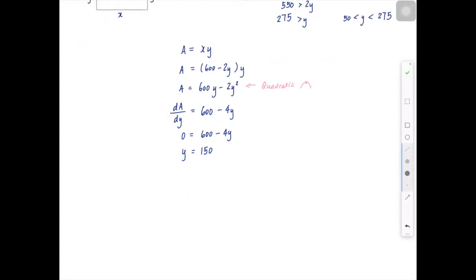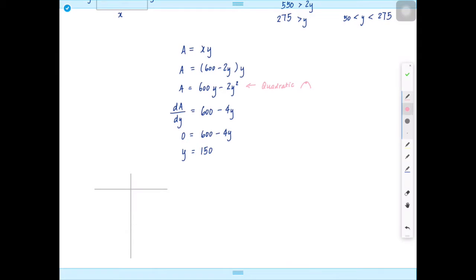Since we do have a boundary for y, we need to make a t-chart where we have to actually test out which of these y values will give us the maximum area. So the lowest bound is 50. We found that there is a turning point at 150, and 275 is the upper bound. Okay.